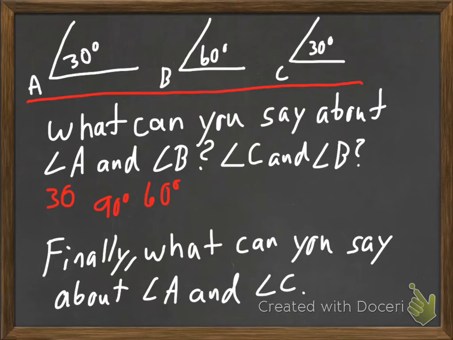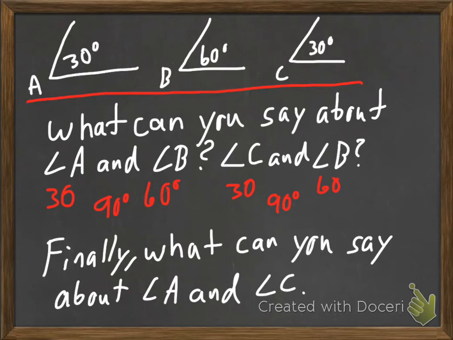What about C and B? Well, it looks like C is also 30, and angle B is 60, which means that those two together are also 90. So we know that A is a complement to B, C is a complement to B. So finally, what can we say about angle A and angle C together?